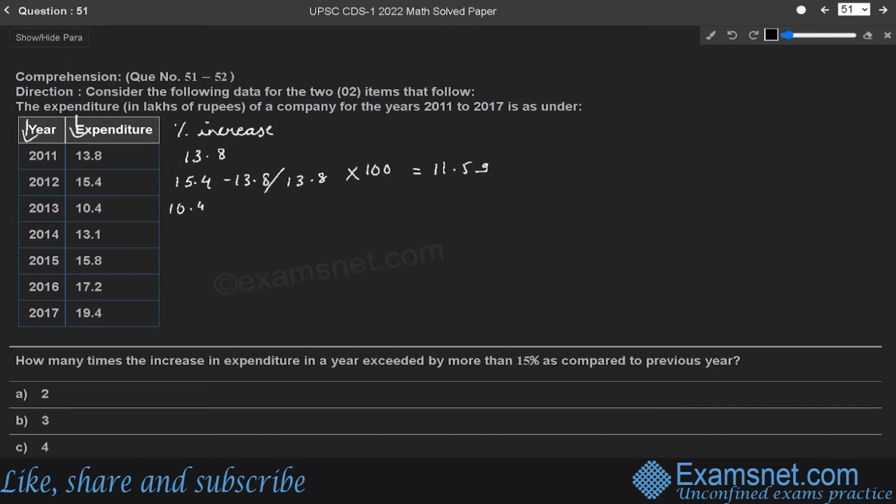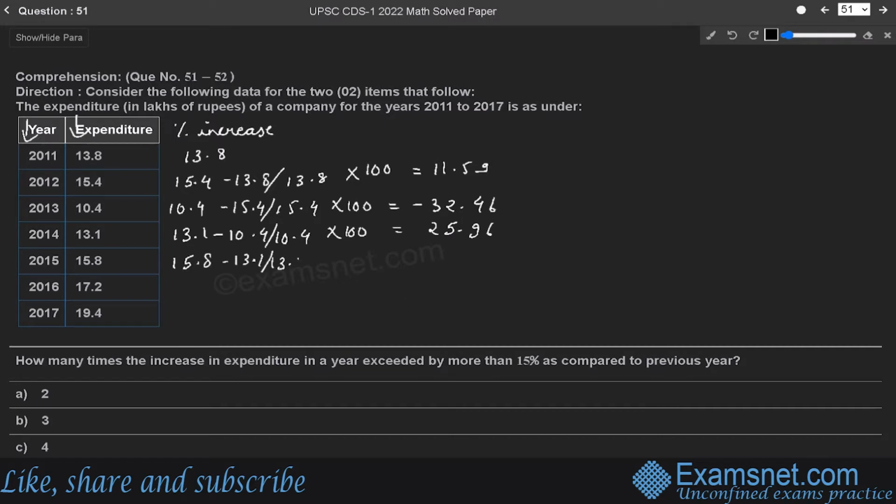Similarly, 10.4 minus 15.4 upon 15.4 into 100 gives minus 32.46. Similarly, 13.1 minus 10.4 upon 10.4 into 100 gives 25.96. Similarly, 15.8 minus 13.1 upon 13.1 into 100 gives 43.51.